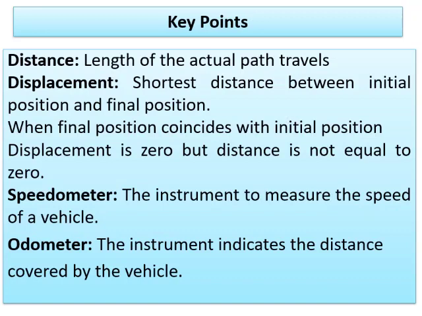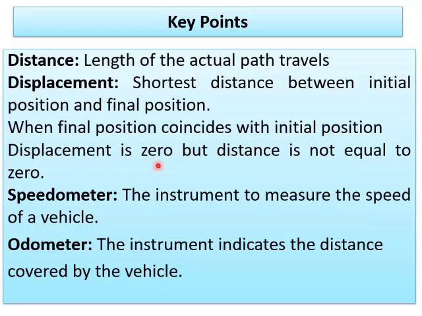Here, once again, we recollect whatever we have learned up to now. So here, what is distance? Distance is length of the actual path, whatever it is moving. And here, displacement, shortest distance between initial and final positions. Now, when the final position coincides with the initial position, what happens here?